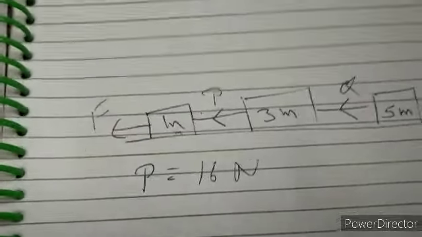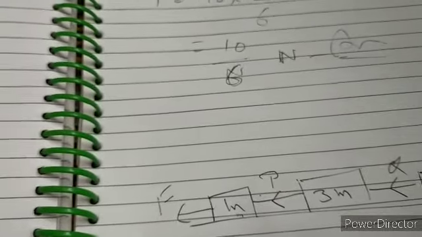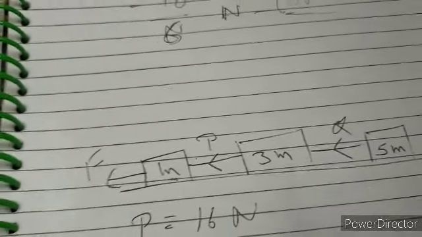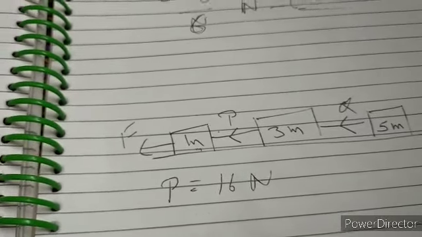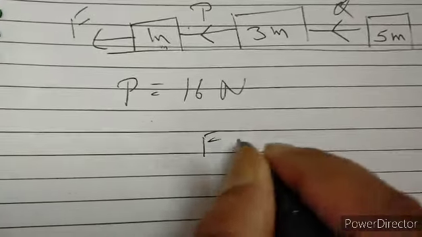The force acting on 3m, the force acting on M, and the forces P, Q. So for this use F = Ma.